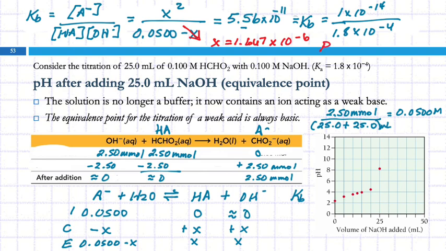So from that, we're going to calculate the pOH. pOH is 5.778. So pH is equal to 14 minus that, 8.22.